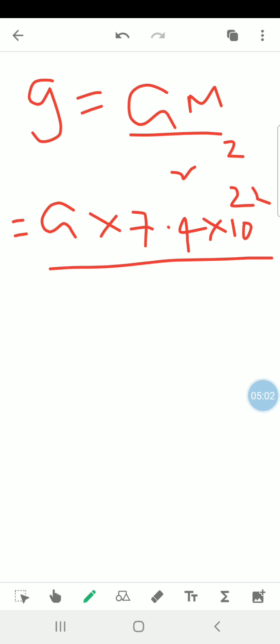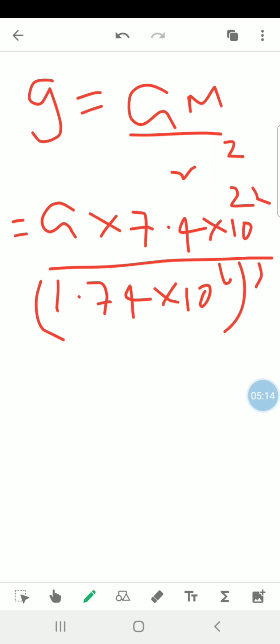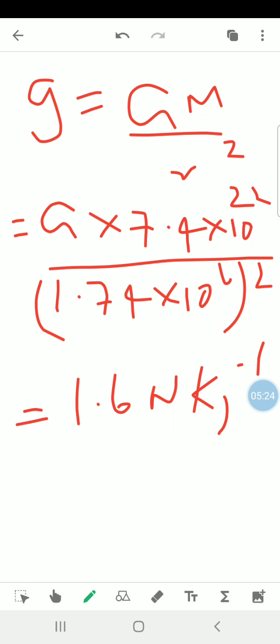That has to be divided by r, the radius of the moon, which is 1.74 times 10 to the power 6, squared. When you simplify this, you will get g to be 1.6 newtons per kilogram. That is the g for the moon.